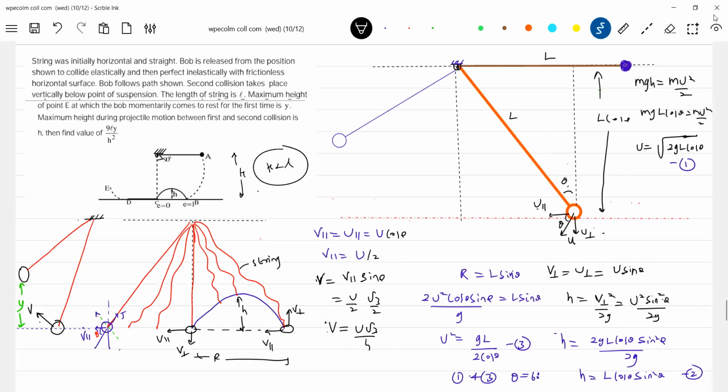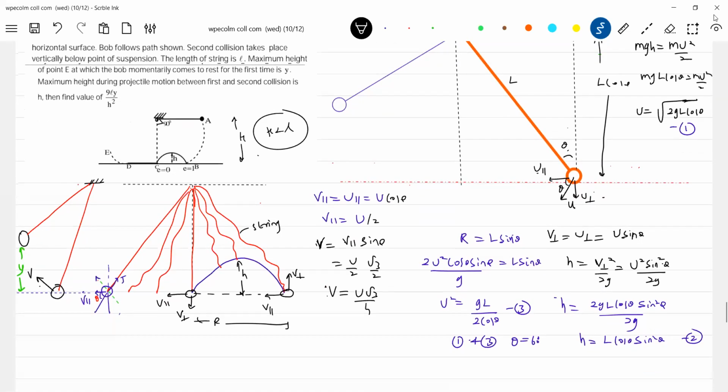And what is value of U? We know value of U, that will substitute. Then what is the maximum height it will ascend? So applying conservation of energy, mv square by 2 should be equal to, shall we directly write mgy?